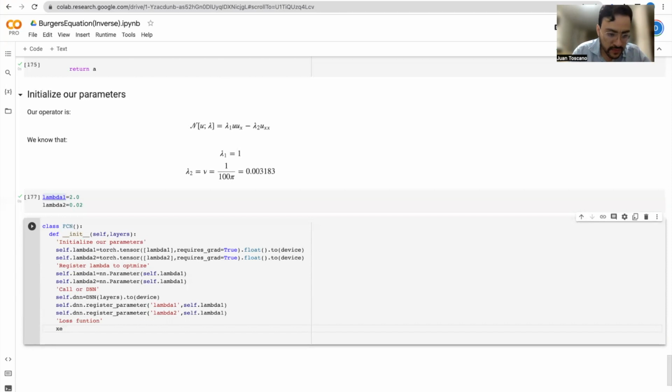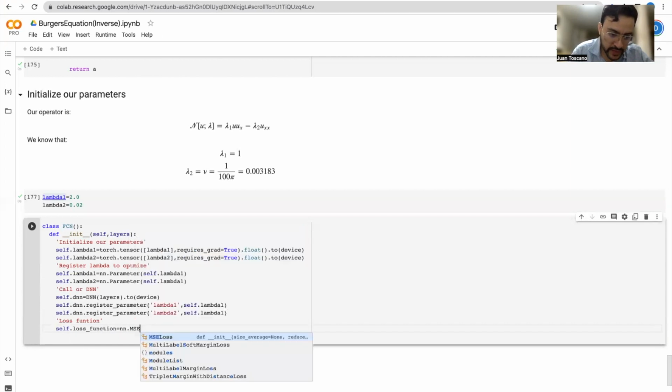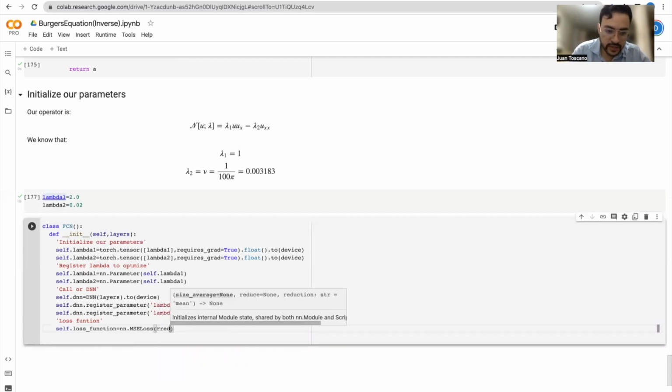So let's say self.loss_function equals nn, remember, that's where we have all this kind of information. It's from PyTorch. We want the mean squared error loss, and we want the type of reduction, we want the mean.